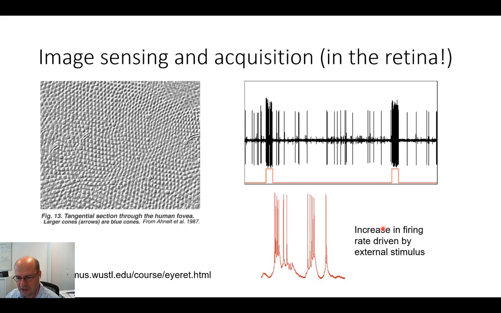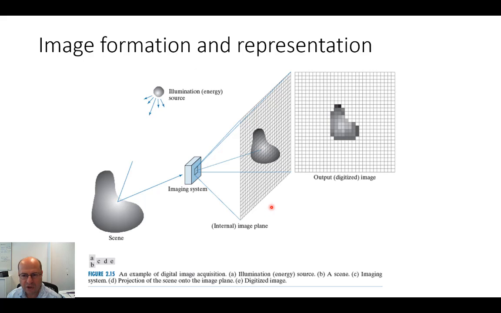So you see that increase in firing rate is driven by external stimulus. Here it picked up something interesting, and this was excited in some, not as much. This is not excited at all. This is the signal that the human visual system emitted when observing something, right?